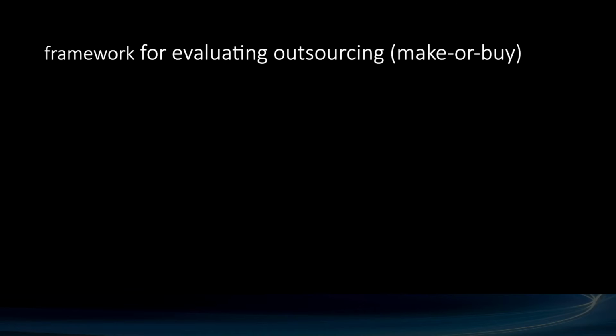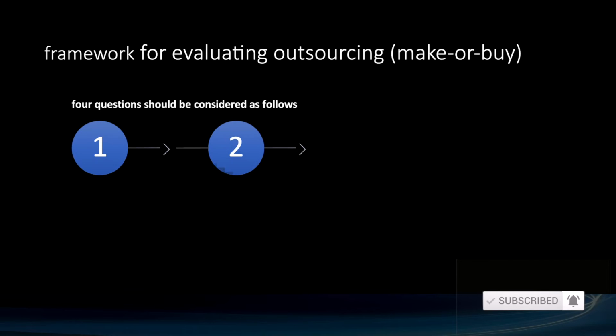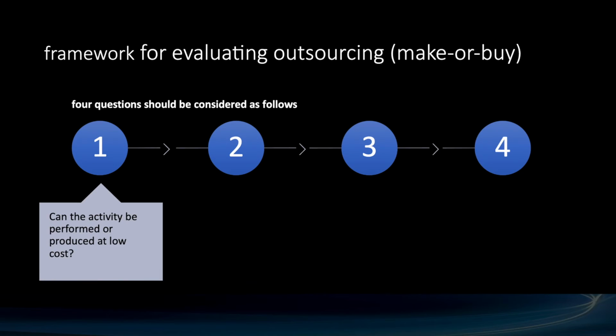Now, framework for evaluating outsourcing, make or buy. That framework has 4 questions, which should be considered as follows. Number 1 is, can the activity be performed or produced at low cost?